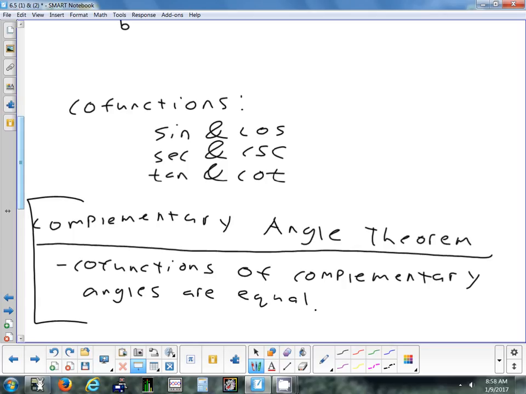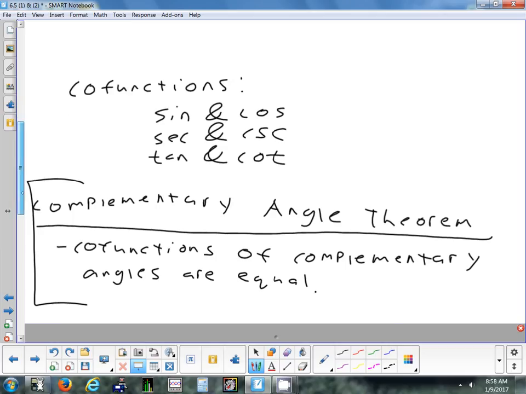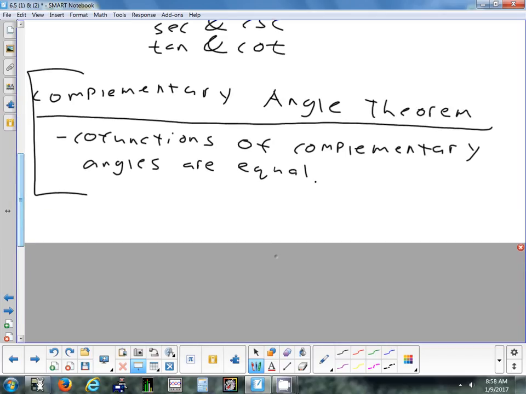Those are your pairs of cofunctions. So if you give me two cofunctions, and then you give me two angles that add up to 90, complementary angles, the two answers would come out the same.